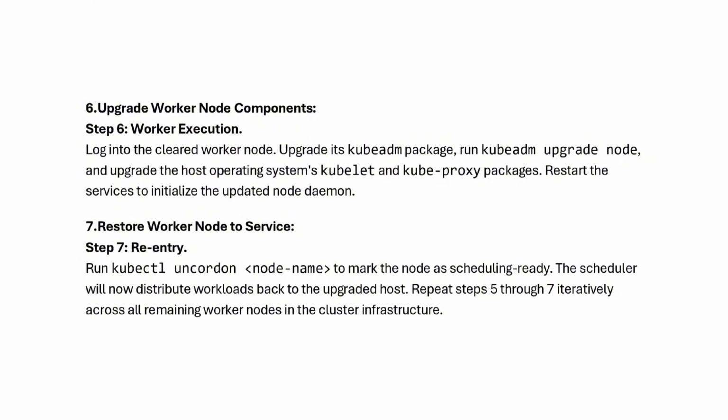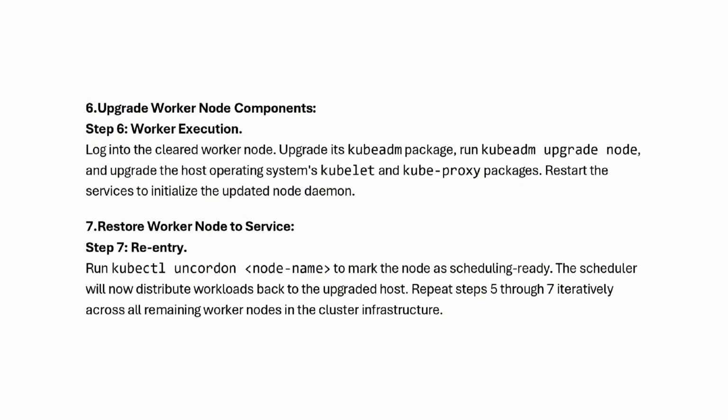So we perform the drain by emptying the node so it is empty and fresh, and it mimics a new node for making the upgrade successful. If the node has an application running, the upgrade is affected and it cannot be successful. So we drain it. Then we log into the drained worker node, and we run kubeadm upgrade node to upgrade its kubeadm package, which upgrades its host operating system's kubelet and kube-proxy packages.